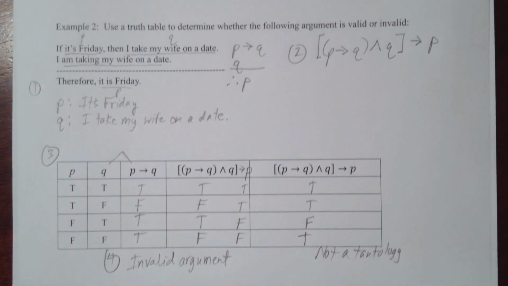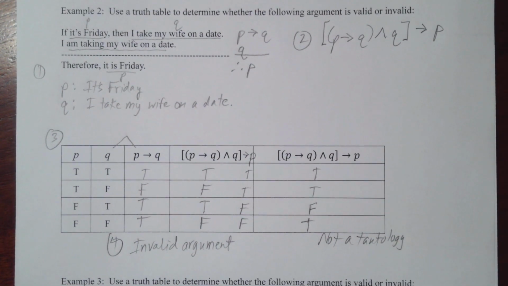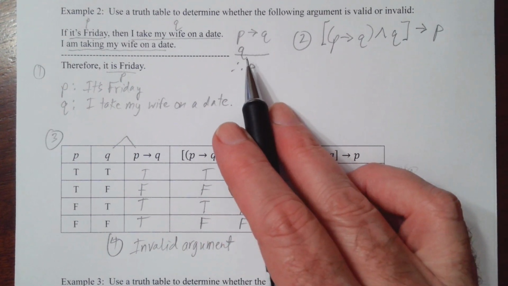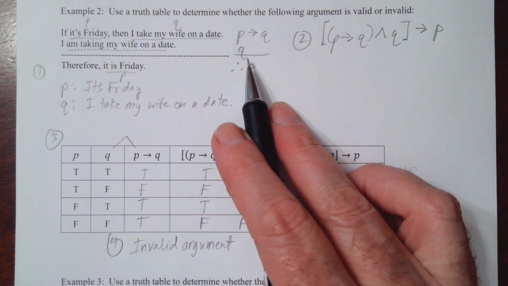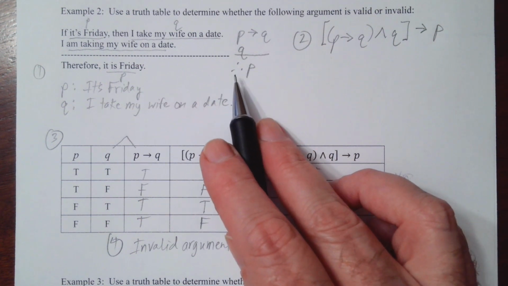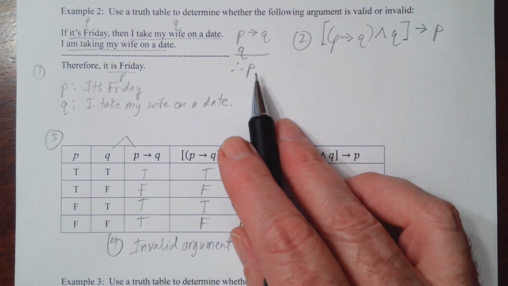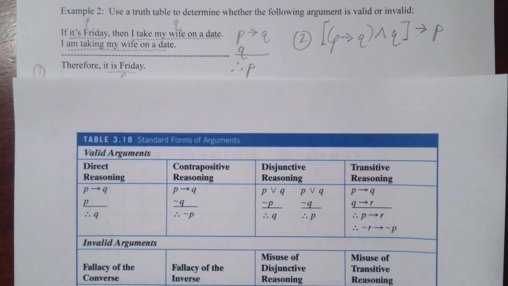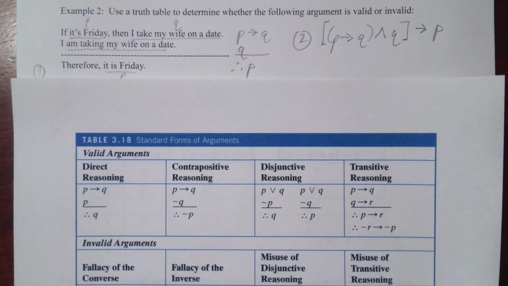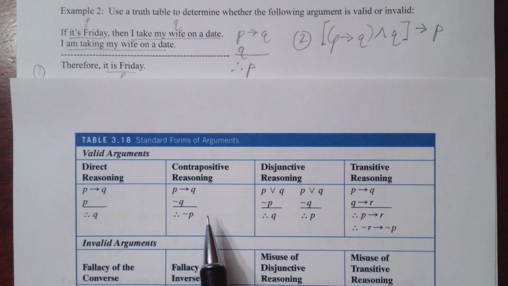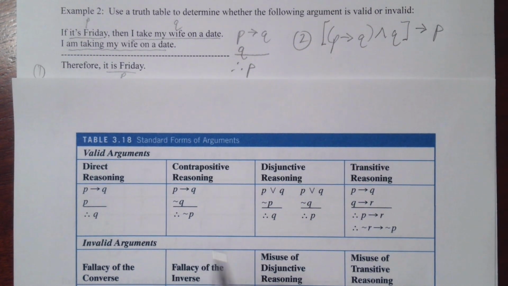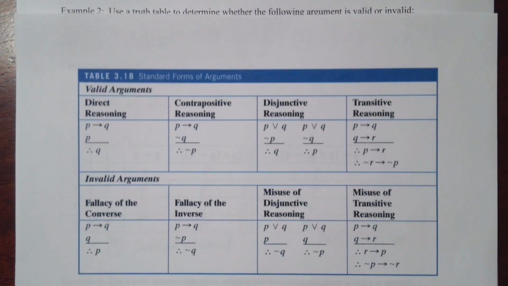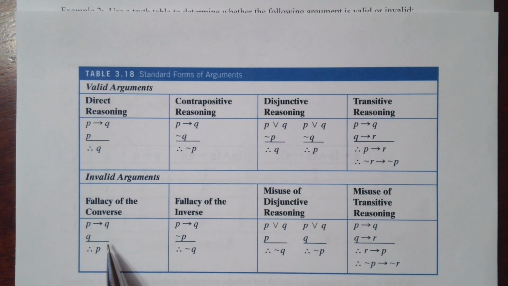Let's see. So here we have P implies Q, and then Q as our premises, and then therefore P. So do we have that on any of our valid arguments? So we don't see that up at the top. So P implies Q and Q, that's this one here.